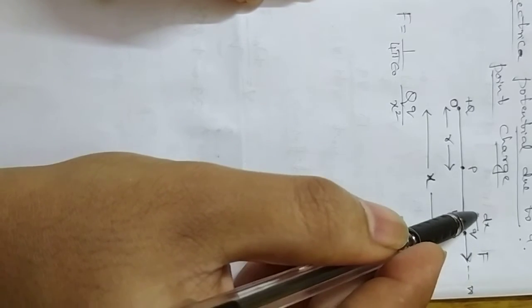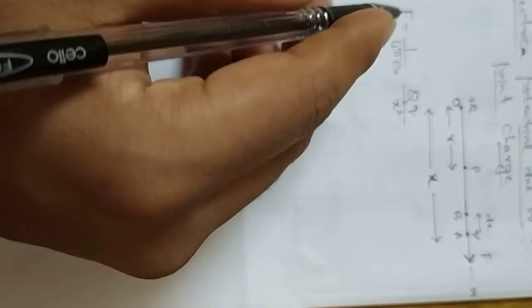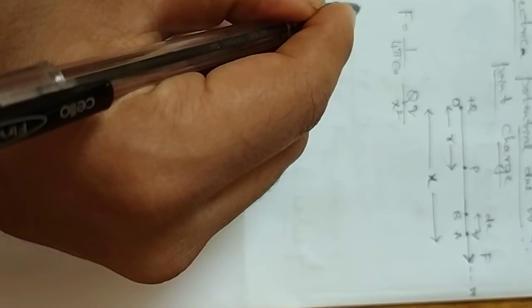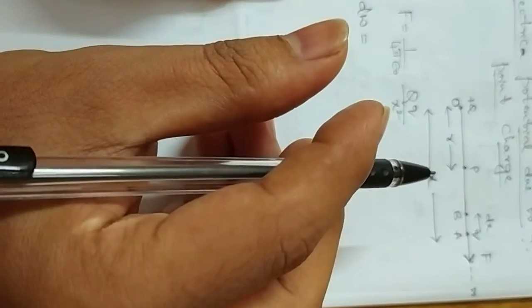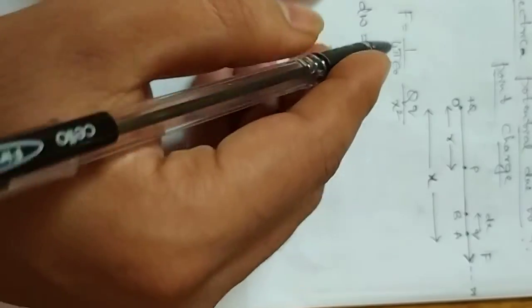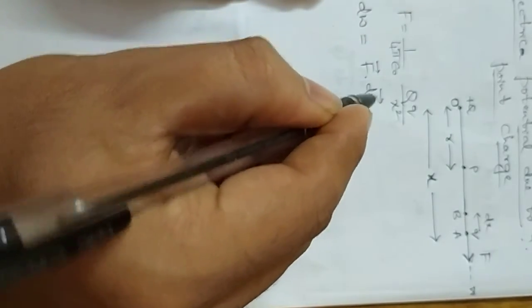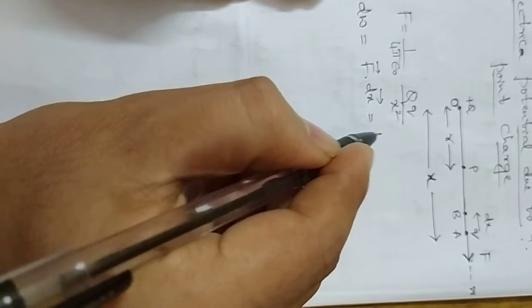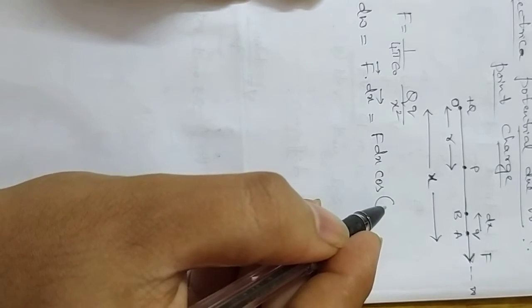So if dx is the small displacement, the work done is nothing but we are going to write dW. Since dx is a small displacement, the work done will be small, so it is denoted by dW. So dW is nothing but expressed as vector F dot vector ds, that is the dot product. So this can be written as F dx cos theta. So what is the value of theta?